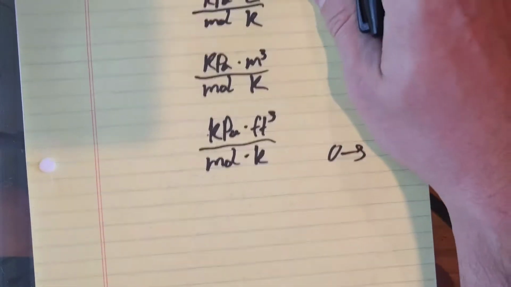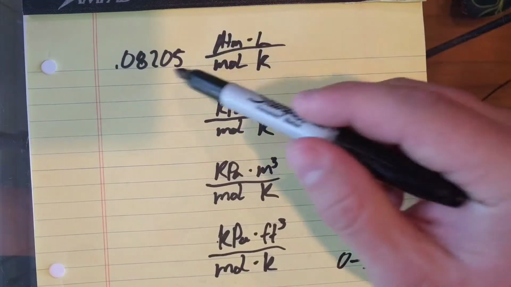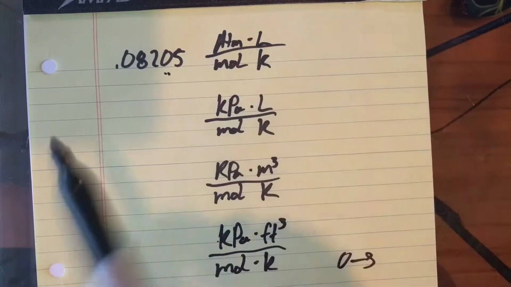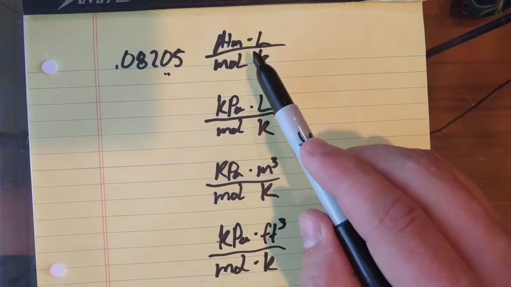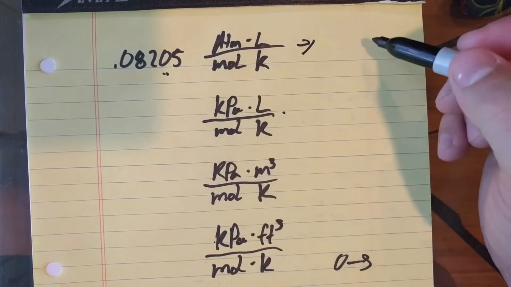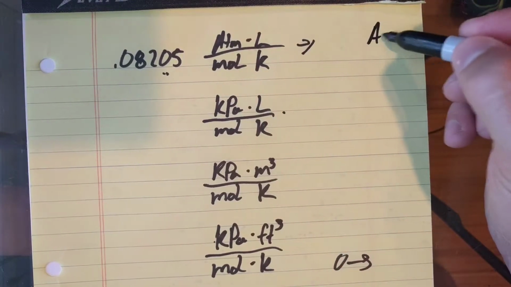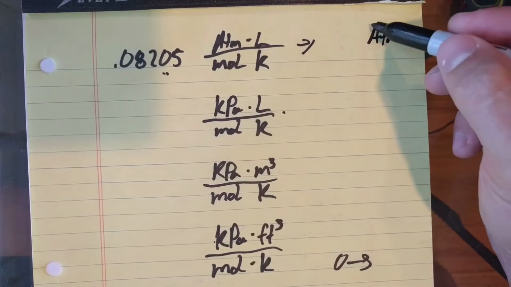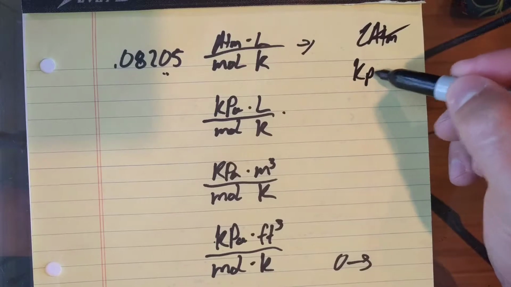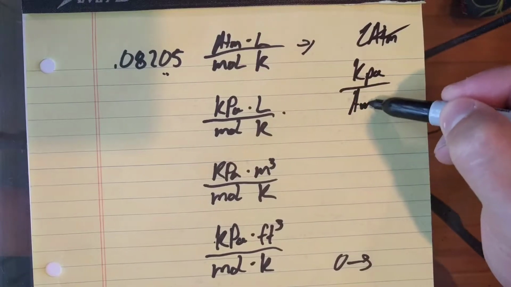So try and get this constant written in all of those units using what we just used. If you want to go from this right here to this, you need something that has kilopascals per atmosphere.